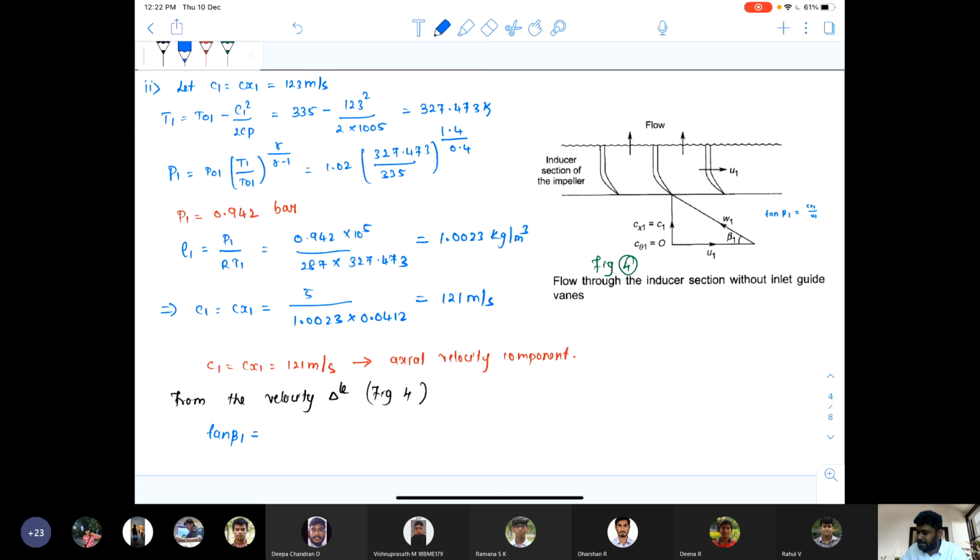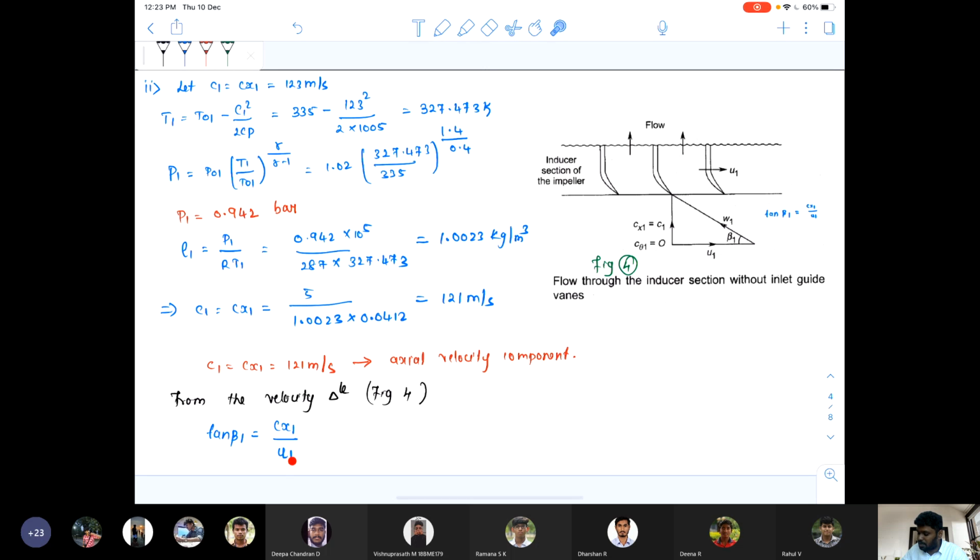Here the opposite side is cx1 and the adjacent side is u1. We know the value of cx1, but the value of u1 is unknown. You should find the value of u1 in order to find the value of beta 1.